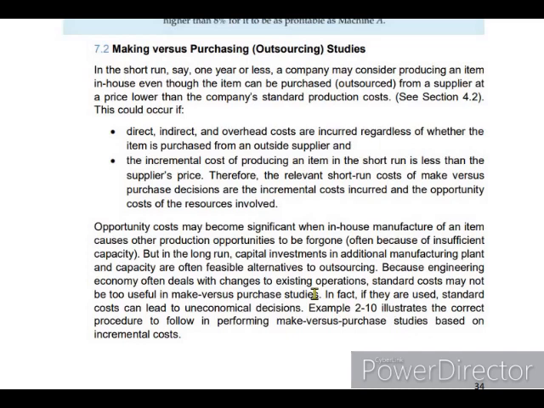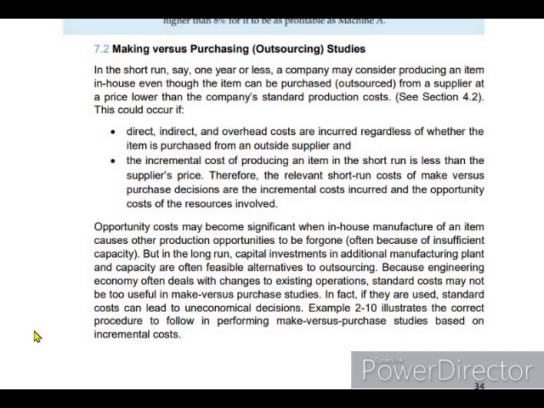Because they are making the additional products, opportunity cost will be incurred, since the opportunity of making the regular product will be lost. But in the long run, capital investments in additional manufacturing plant and capacity are often feasible alternatives to outsourcing. So they are better than outsourcing or buying from other companies, because engineering economy often deals with changes to existing operations.